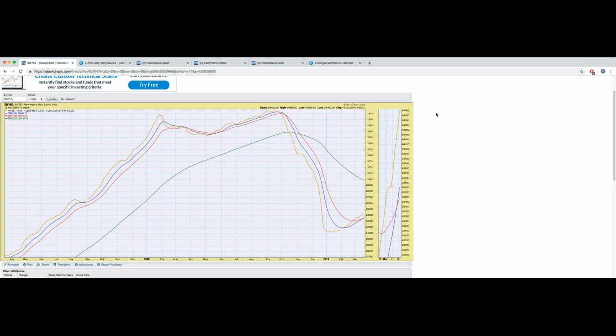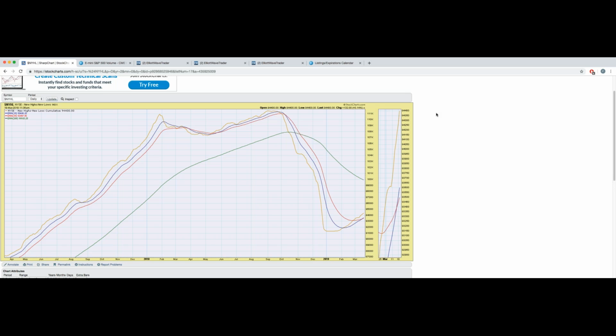So every day we get the total new highs minus the new lows, and we add that to a cumulative number that gets added on to every single day, right?